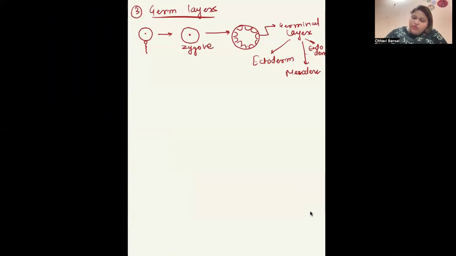So if I draw the structure that will have these three layers, it is going to look something like this. This is called the gut, our alimentary canal. It starts from the mouth till the anus, right? So that gut is there. This is the body wall. The body wall is lined with a layer of cells called ectoderm. This is our ectoderm.